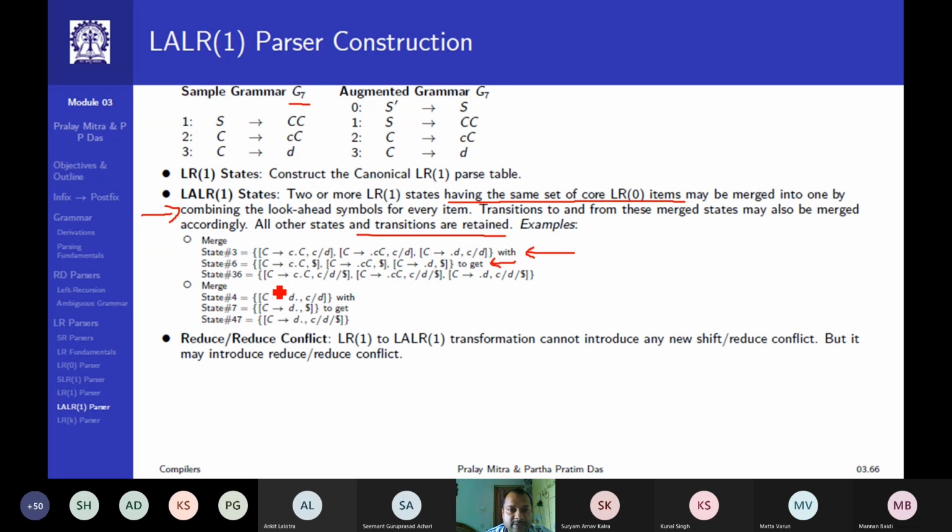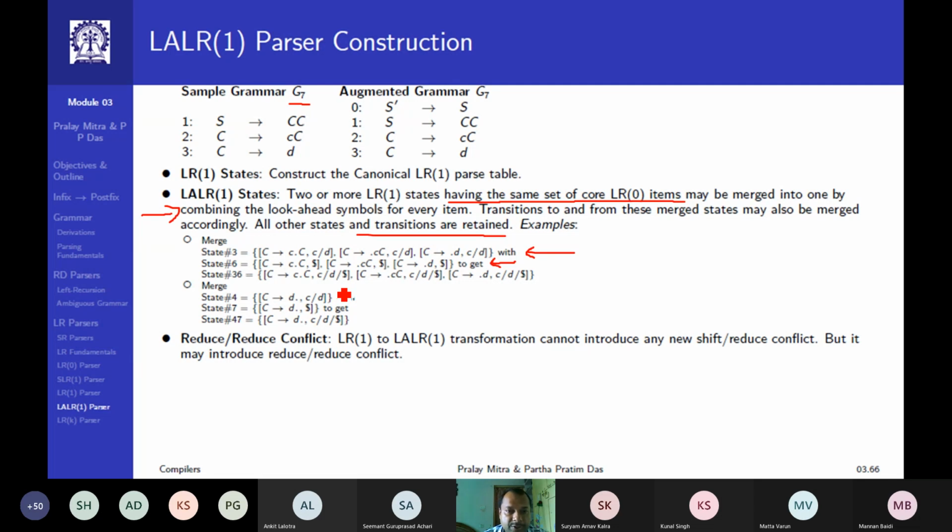That's why after merging, the core LR0 items remain the same. The lookahead is now C or D or dollar, which was C or D in state 3 and dollar in state 6.